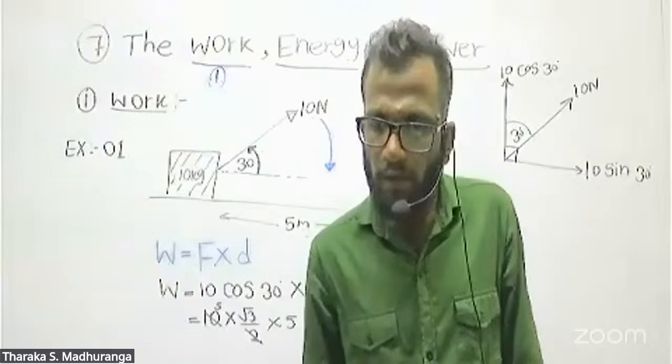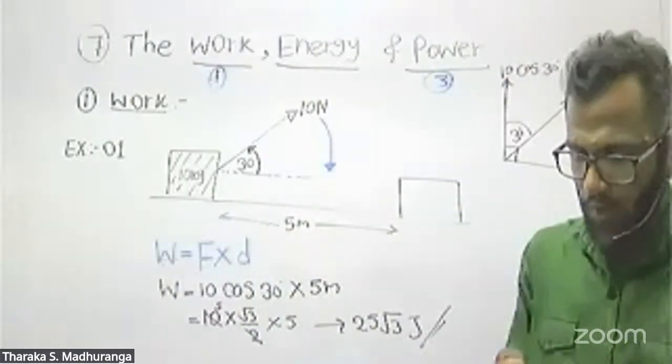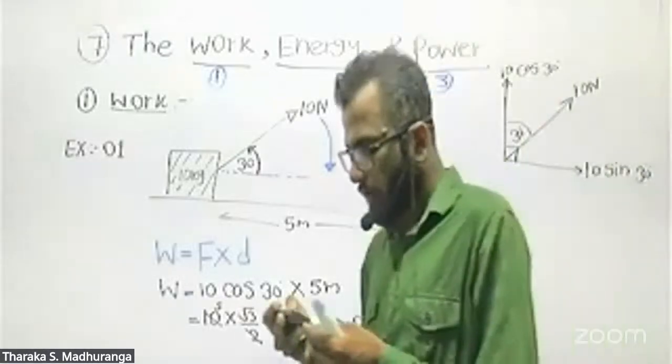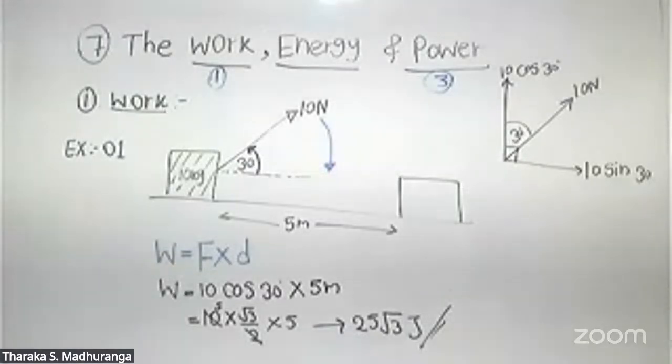Multiplied by 90, that's wrong. You have to multiply by 10.